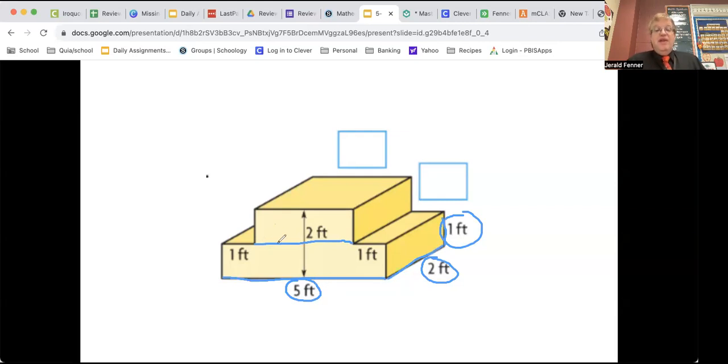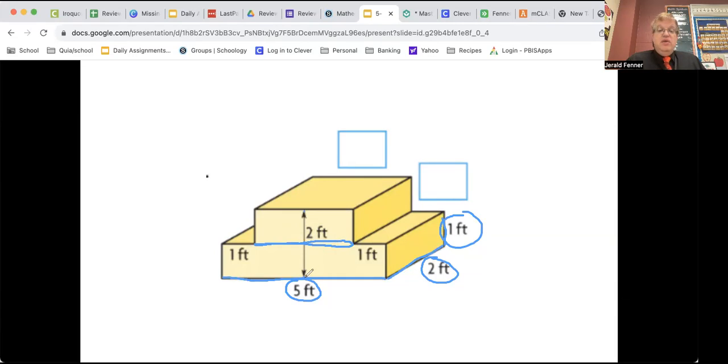But what's this figure? This little space right here, from here to here, what is its length? Some of you might be fooled and think, oh, it's 2 feet. See, it says 2 feet, but 2 feet is from the top of here all the way to the bottom down here. So what is this length?